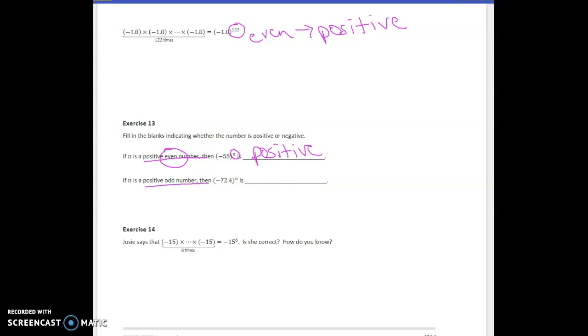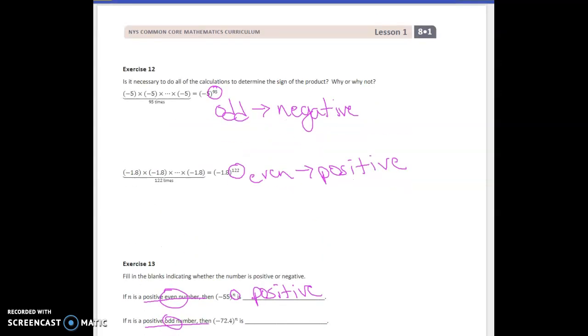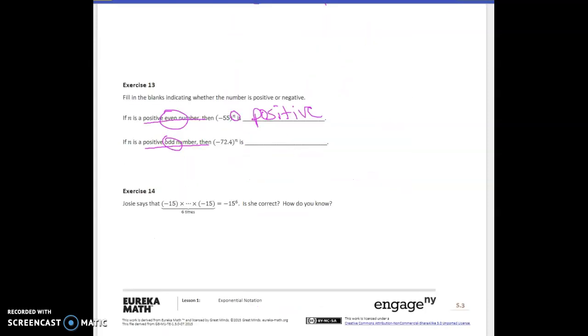Same thing here. If it's a positive odd number, if this n right here is odd, odd is going to give us a negative solution. So don't overthink those. It's really understanding exponential notation and our rules for multiplying negative numbers.